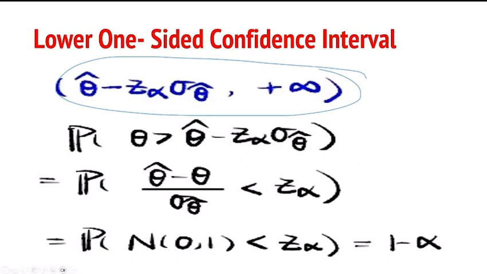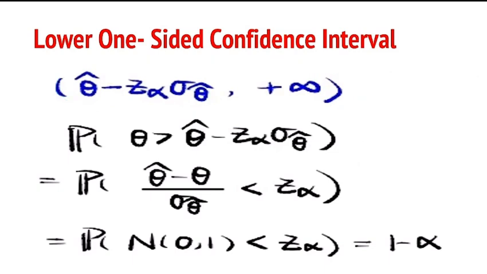The general formula here is theta cap L all the way to infinity. Take a look at that. That's a lower one-sided confidence interval.